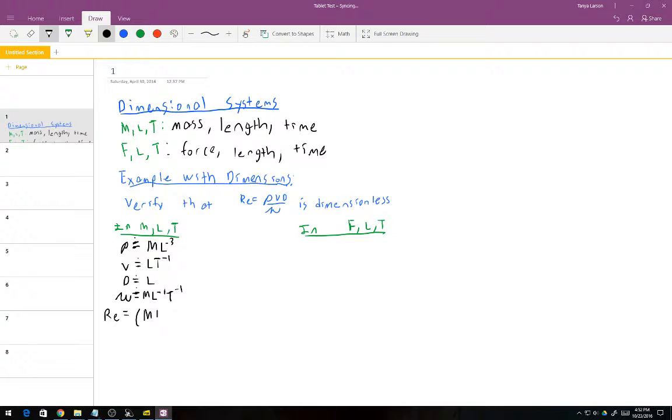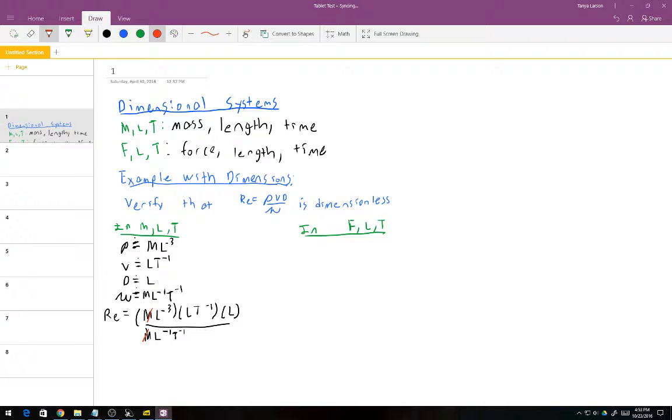If I put in each of these values, M L to the negative 3 for rho, times L T to the negative 1 for velocity, times L for diameter, and divided by M L to the negative 1 T to the negative 1 for mu, I can find fairly quickly that this, well, let's see.